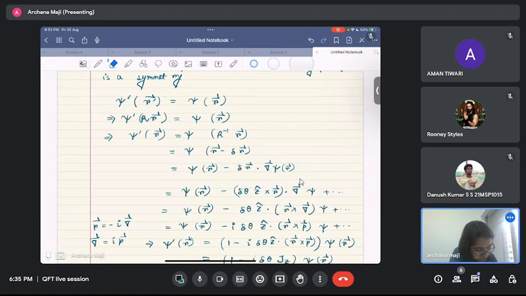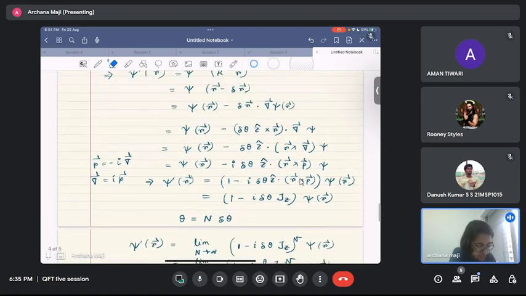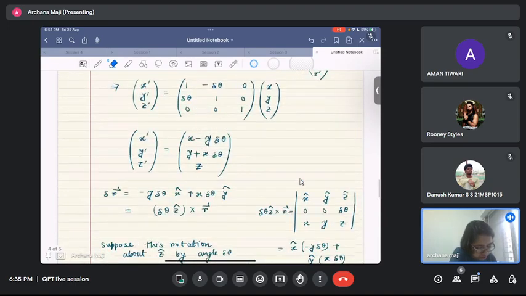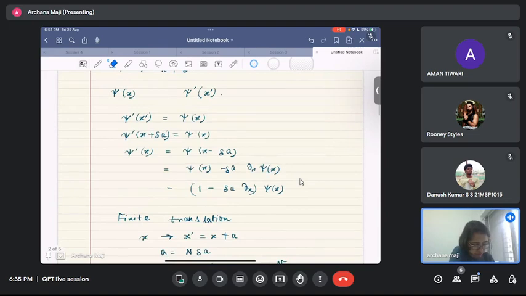We can truncate the Taylor series at first order in delta theta only. So that's the infinitesimal rotation. Just like here we were saying delta a was infinitesimal, so we are neglecting the higher order terms in that Taylor expansion.